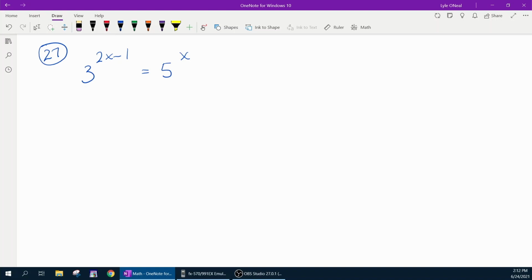So, optional technique here. Since we do have exponentials on both sides, what we can do is we can take the log of both sides. Now the base is up to you. You can just do regular log, you can do natural log, or you could do log base 3 or log base 5.